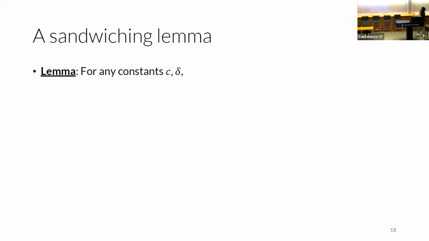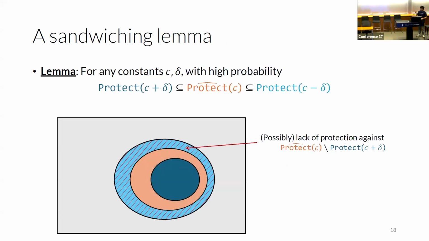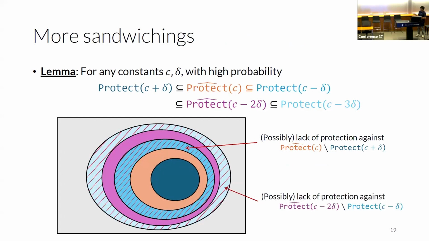So since we're running out of time, I will briefly sketch our idea for turning this procedure into a sample-based one. We observe that although for the two sample-based versions of the protection set there will always be some problematic items, they are disjoint.